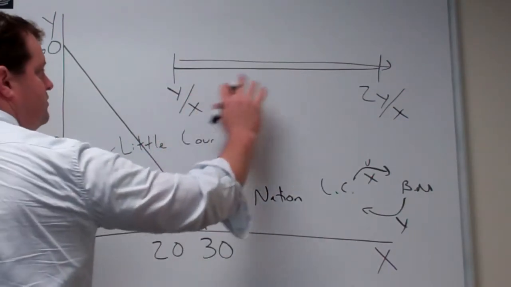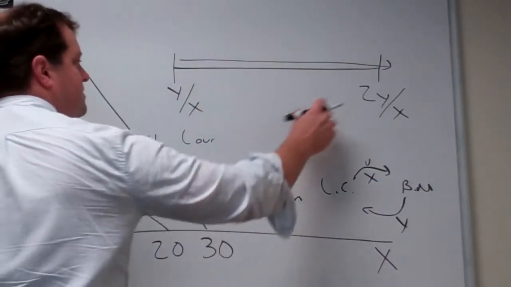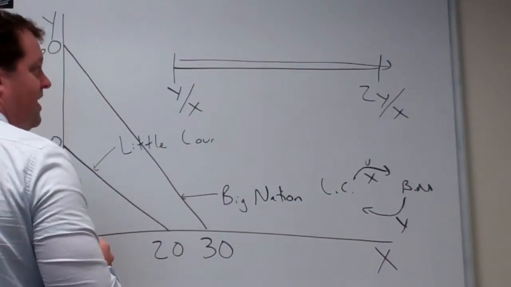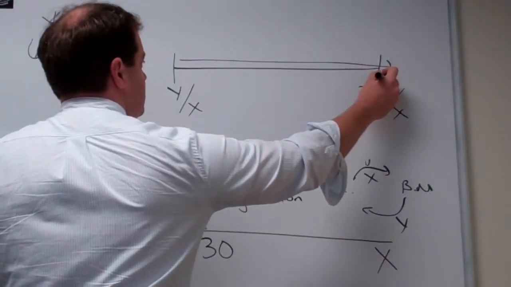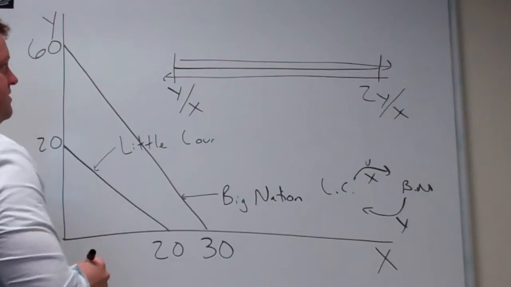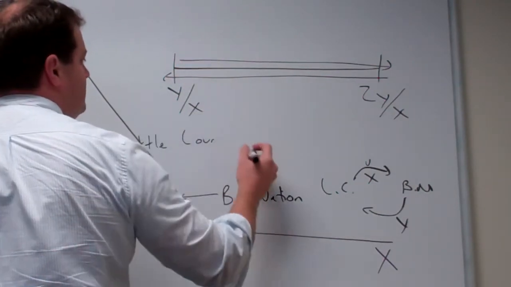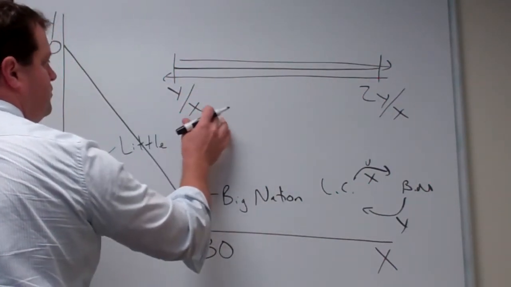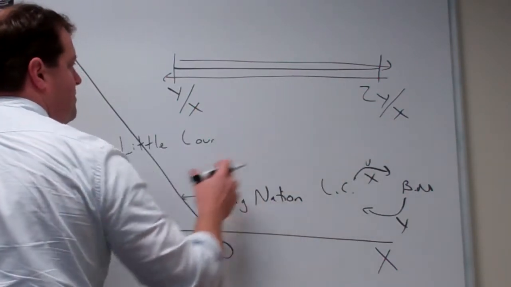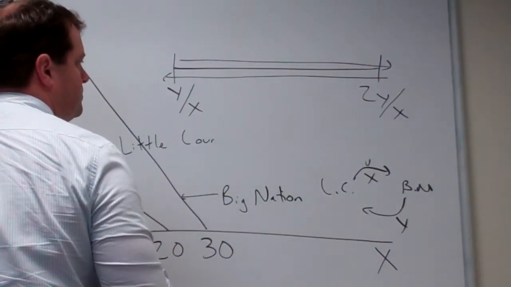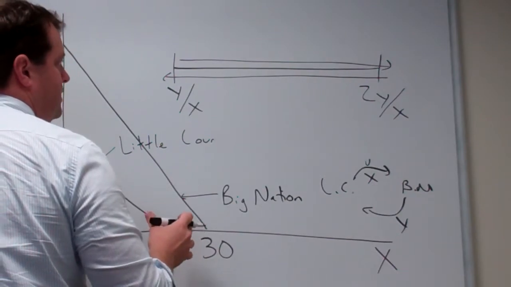So little country wants more than 1Y for each X. Big nation's going to want to give less than 2Y for each X. Right? So its terms of trade are going to lie in this continuum. So anywhere in between 1Y per X and 2Y per X is going to give us terms of trade that are going to make these economies better off.